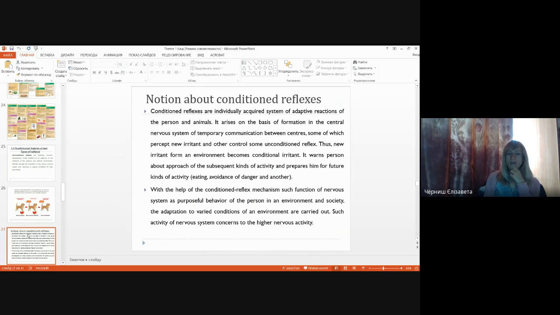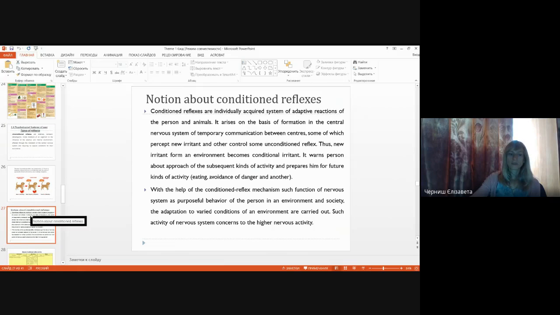Of course, it's an individual, acquired system of adaptation reactions of the organism to changes in the environment, and with the help of the conditional reflex mechanism, such function of the nervous system regulates behavior, personal and environmental and social adaptation. It's a very important adaptation function in the environment.